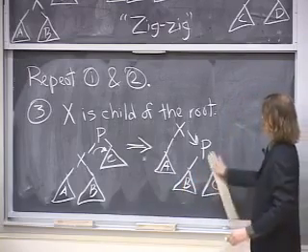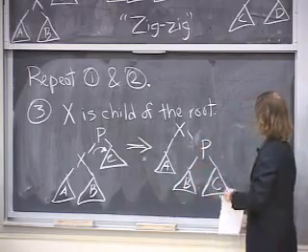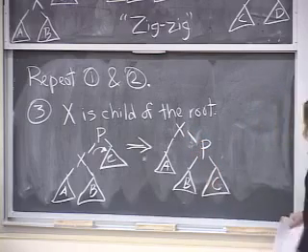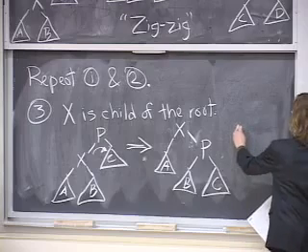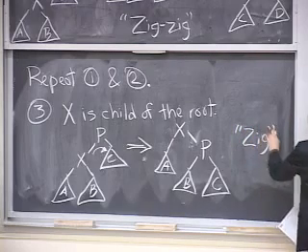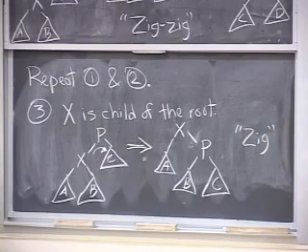And now the tree looks like this. And this third kind of step is, for obvious reasons, just called zig. Question about that?